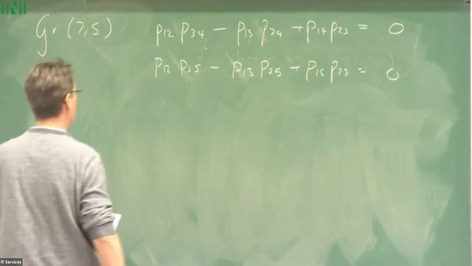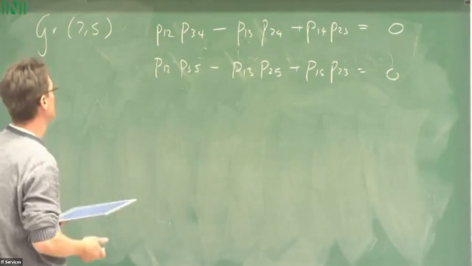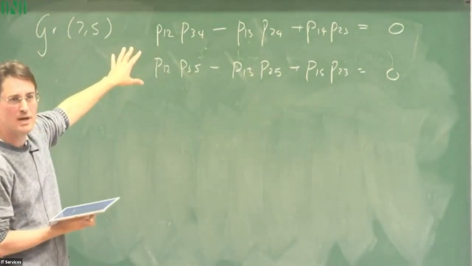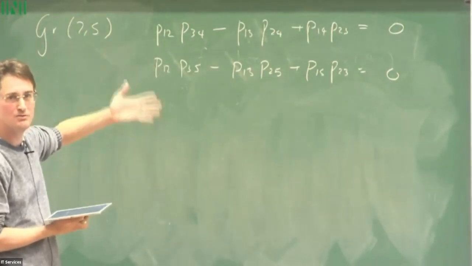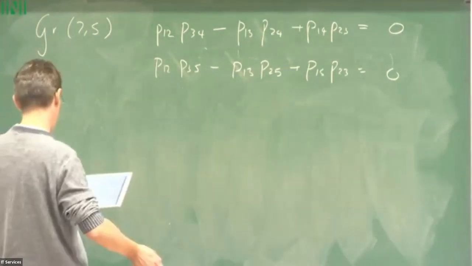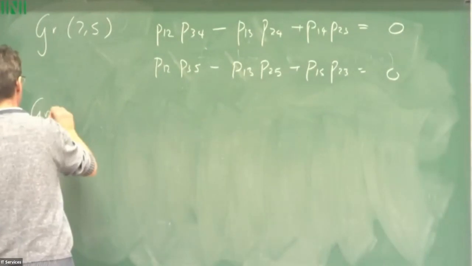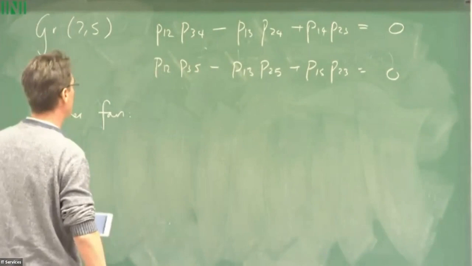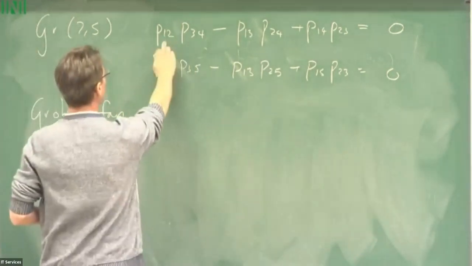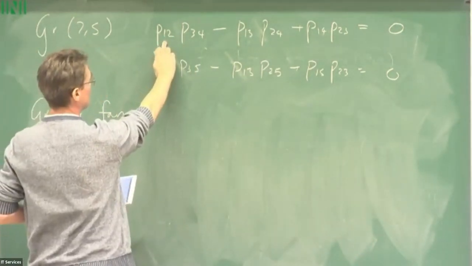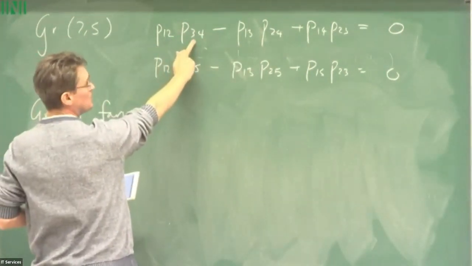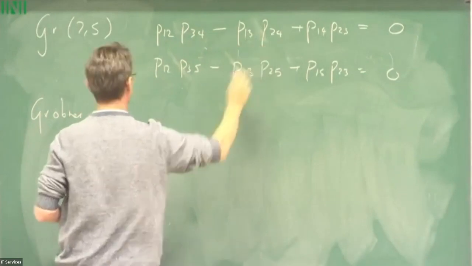Okay, so to do that, what's happening is that, say, two terms in this polynomial are being given equal weight on the junction between those two regions. So if I look at the Gröbner fan, what I'm going to find is that the weight W12 plus W34 will be equal to the weight for this term.